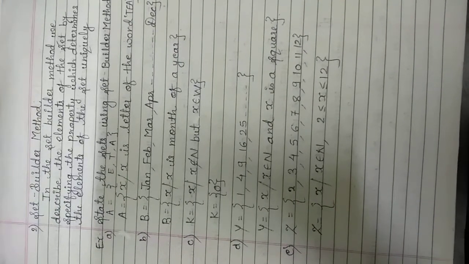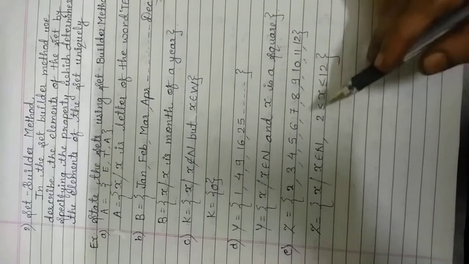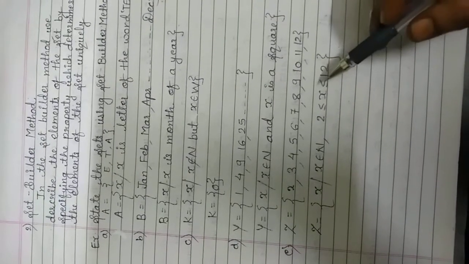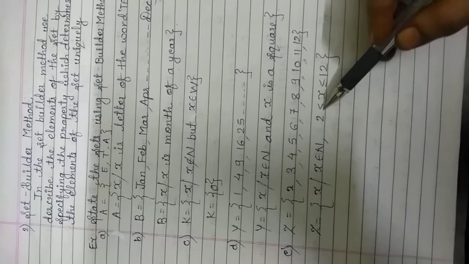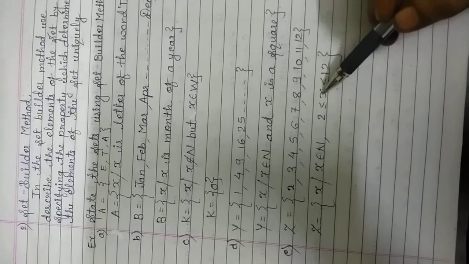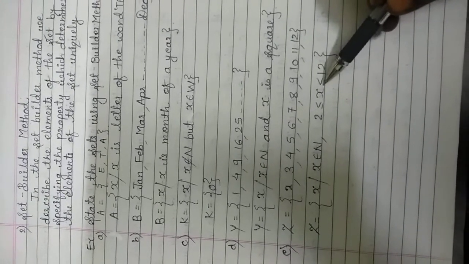Since here we are writing the less than or equal to sign, here also less than or equal to sign, this equal indicates that 2 is included as well as 12 is also included.